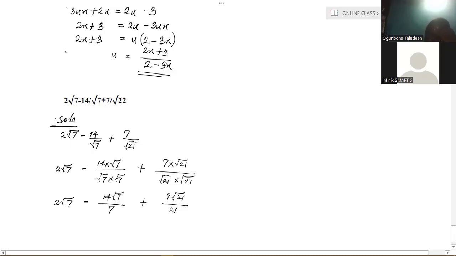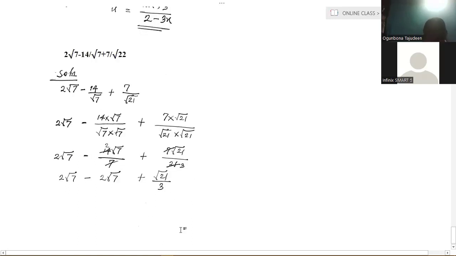So we have 7 here, 3, and then 7 here, 2. That is, we are having 2 root 7 minus 2 root 7 plus root 21 over 3.